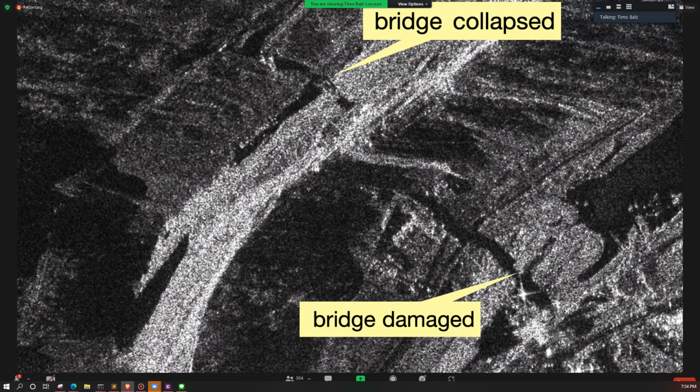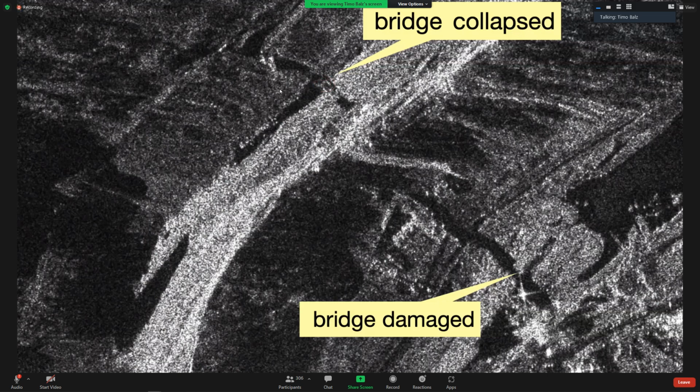We can interpret the damaged part of the bridge mostly because of the missing part of the shadow from the bridge. We can see that something is up here with the bridge. The collapsed part of the bridge is a bit different. What we see down here is actually the collapse, the bridge parts in the valley that are now down there.